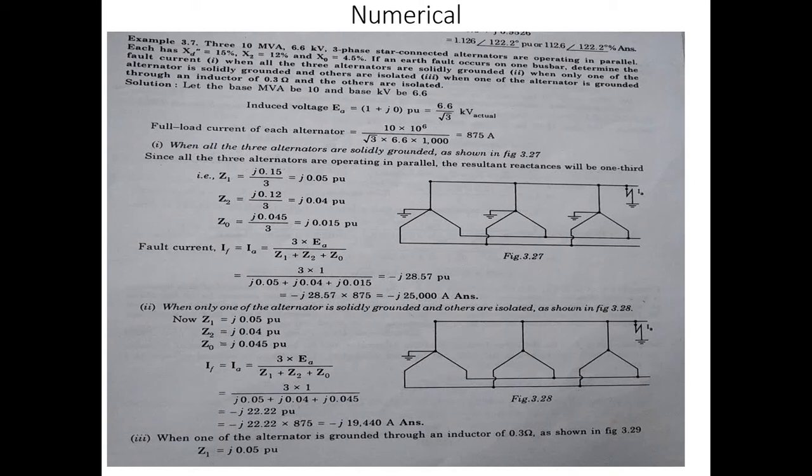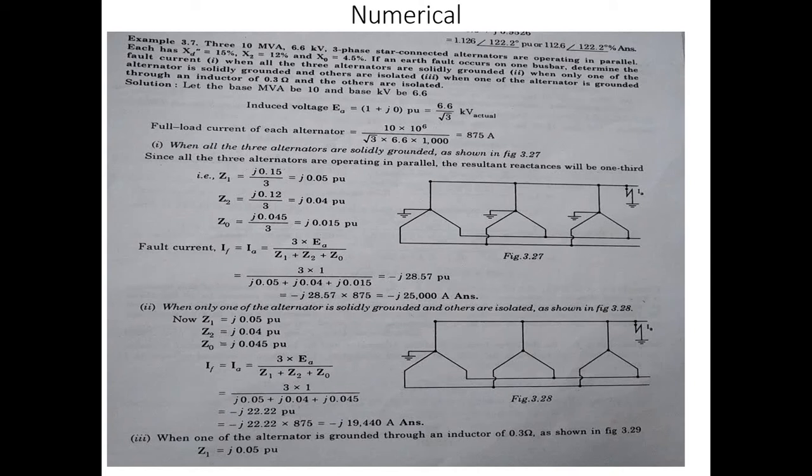First of all, since we have to deal with per unit quantities, let us consider the base MVA, that is base power, as 10, and base kV, that is base voltage, as 6.6. Then the induced voltage EA is 1 + j0 per unit, as per the assumption of unsymmetrical fault analysis, and it is equal to 6.6 by root 3 kV actual.